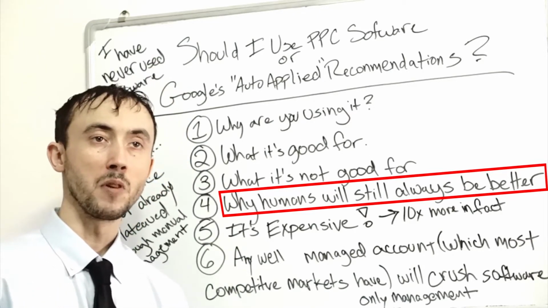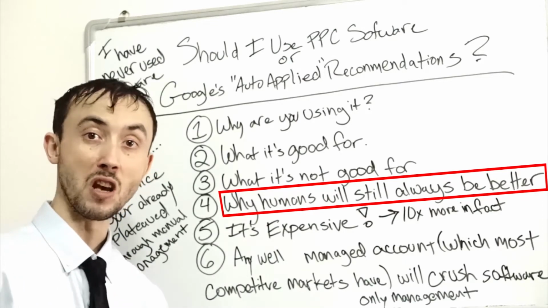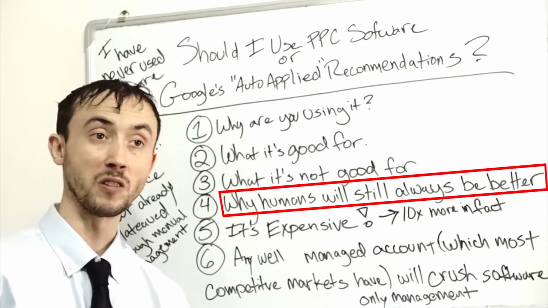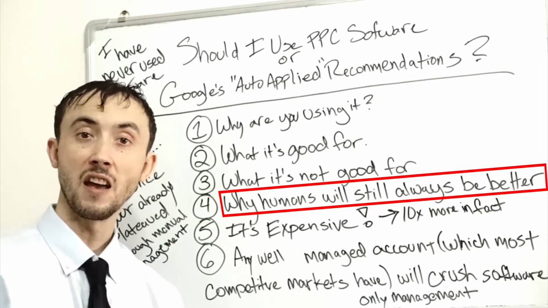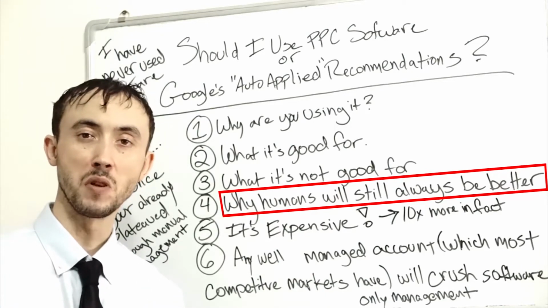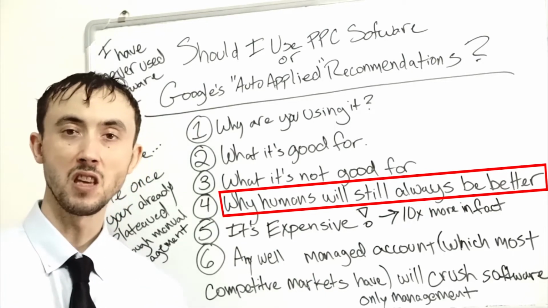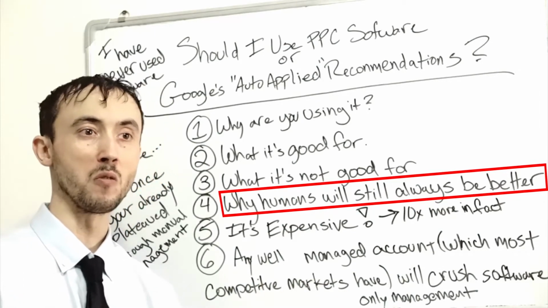What the software is good at is doing bid adjustments when things are fairly well set up already, like I had said. And even within that, there are things unique to your business, where certain keywords, taking off one little bit of the keyword, will make a big difference.